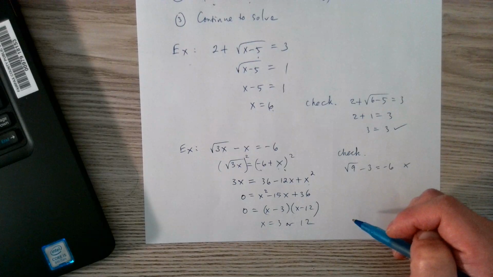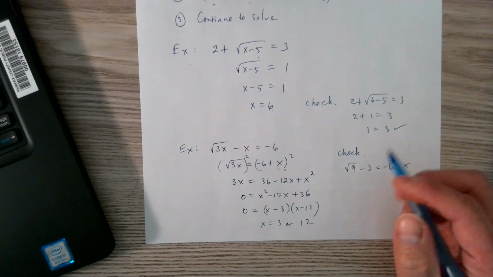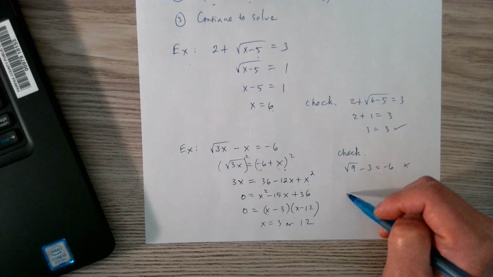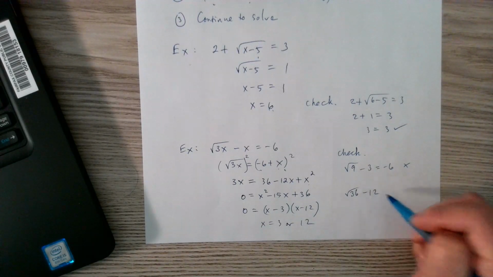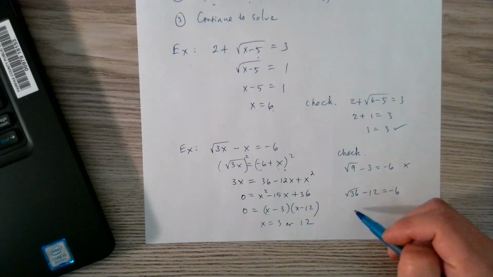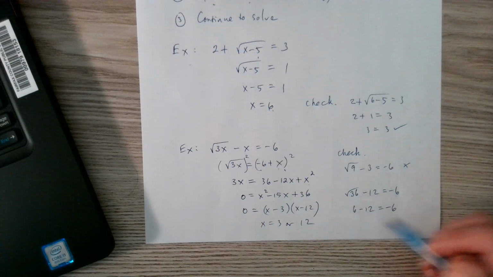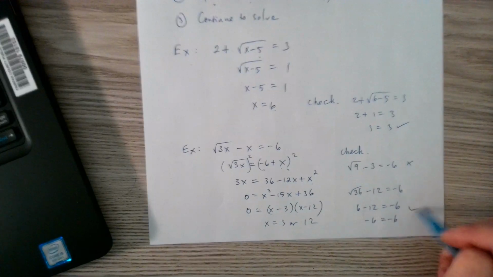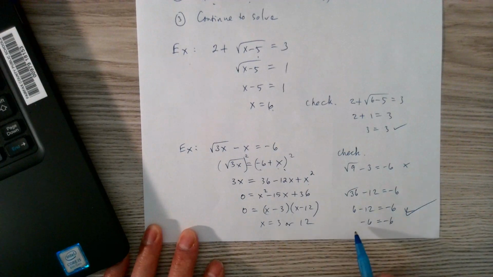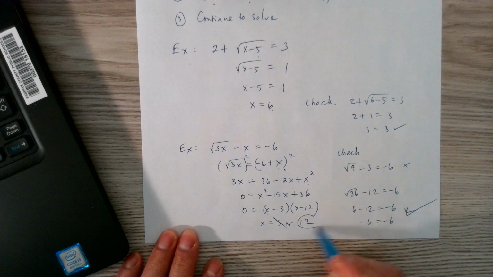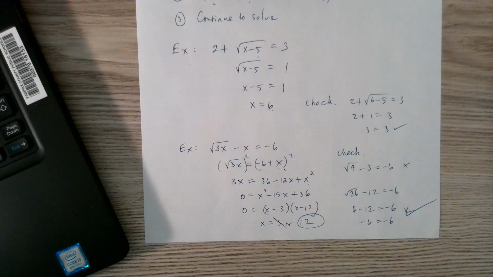And then if I put in 12, we're at 36 minus 12 equals -6. 6 minus 12 equals -6. -6 equals -6. That one does work. So after checking, I see that 3 is not a valid solution and 12 is. So it ends up being just one solution for x.